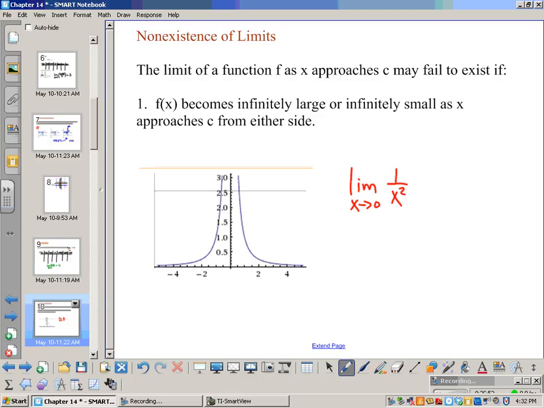Here you can see the graph in blue, and here's where x equals 0. Now, as x is approaching 0, what's happening? This is getting infinitely large. So you would say that this limit does not exist, because f of x is becoming infinitely large in this case.